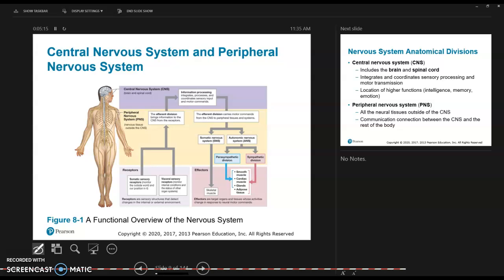Okay, so in the afferent division, there are somatic sensory receptors and visceral sensory receptors. Anytime you see somatic, it's dealing with skeletal muscle, and it's dealing with monitoring the outside world and our position in it. So a lot of times it has to do with information that's going to be related to our skeletal muscle.